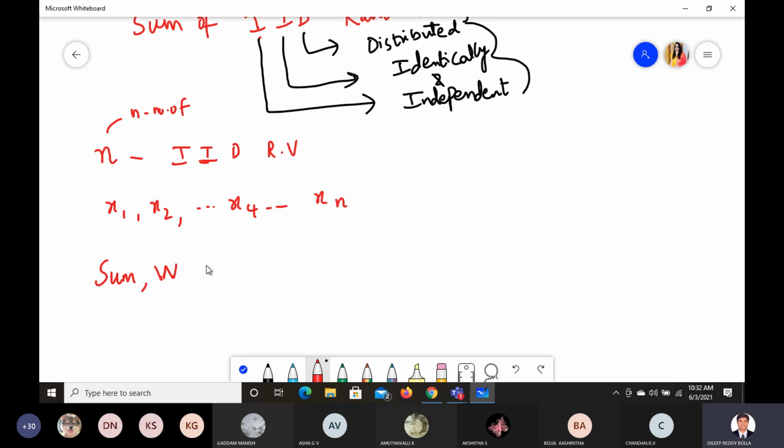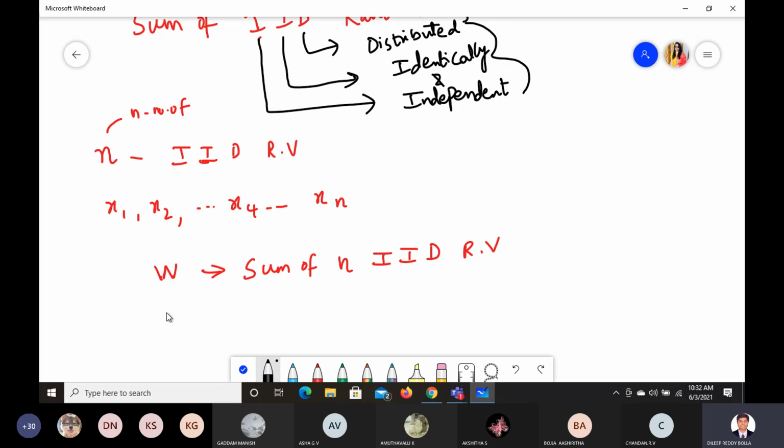So this w is the sum of n independent identically distributed random variables. Let us assume that w is your sum of this.